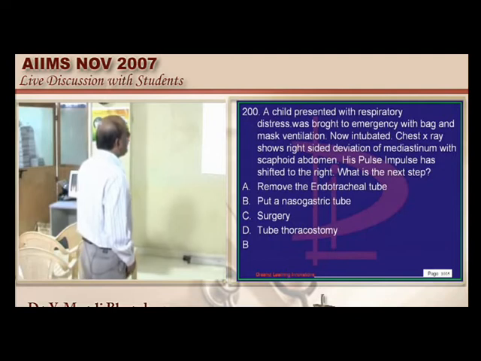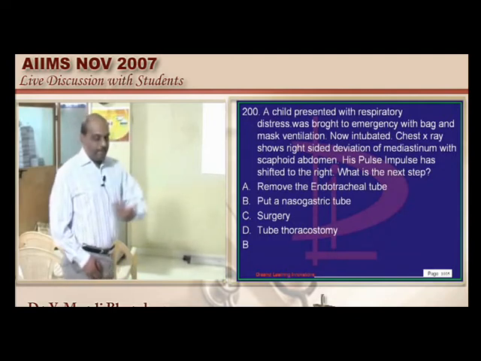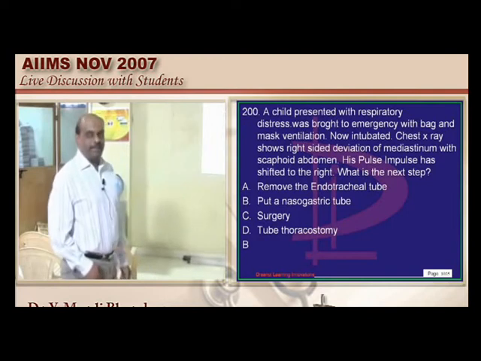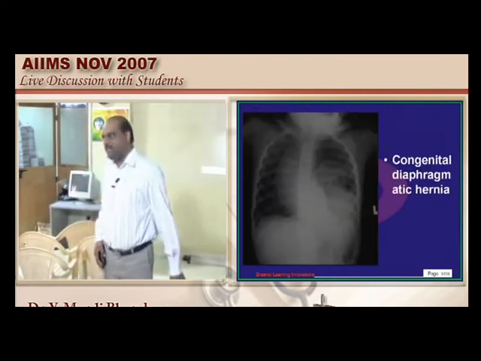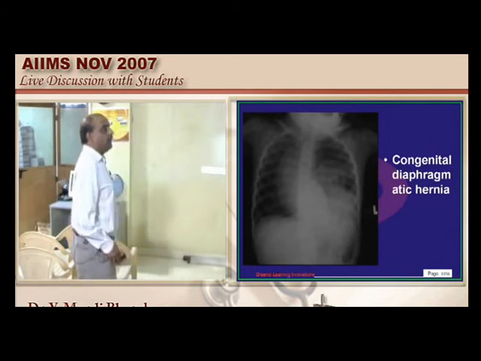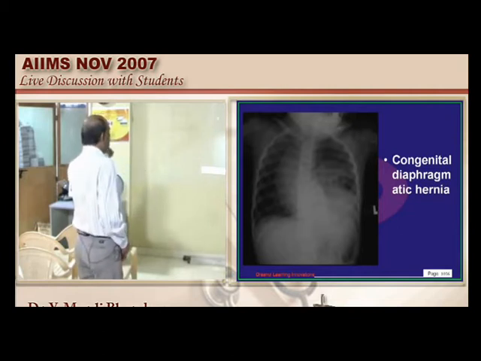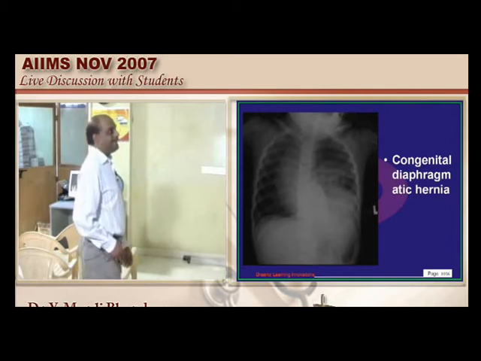The child has respiratory distress, a scaphoid abdomen, and the apical pulse is deviated towards the right side. What is your diagnosis? Congenital diaphragmatic hernia, which is commonly left sided, and there is a protrusion of the intestinal contents into the chest, and that will deviate the heart to the right side. That also leads to pulmonary hypoplasia.